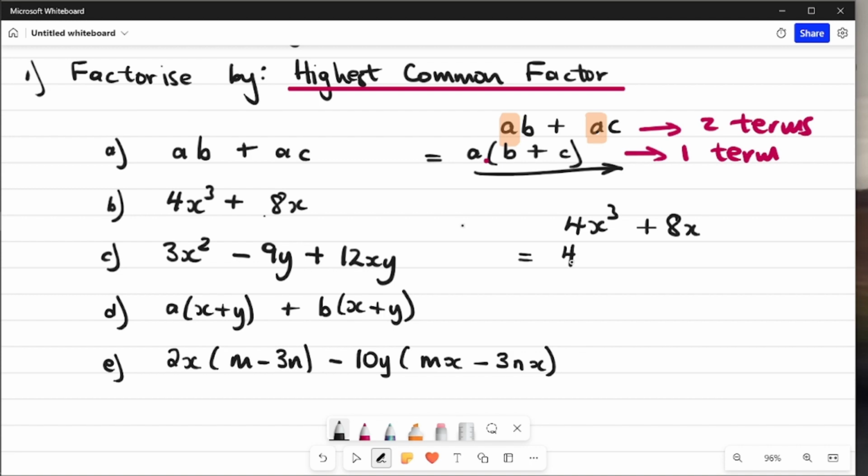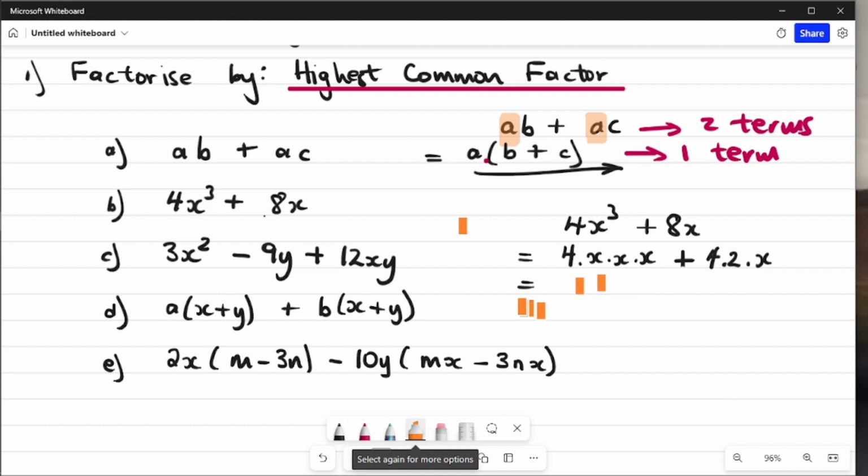First term, we have 4 multiplied by x to the power of 3, meaning it's x cubed. So x repeats itself 3 times. We have 8. I'm going to write the factors of 8, whereby one of them is 4. So we say 4 times a specific number to get to 8, and that would be 2. Then we have x.